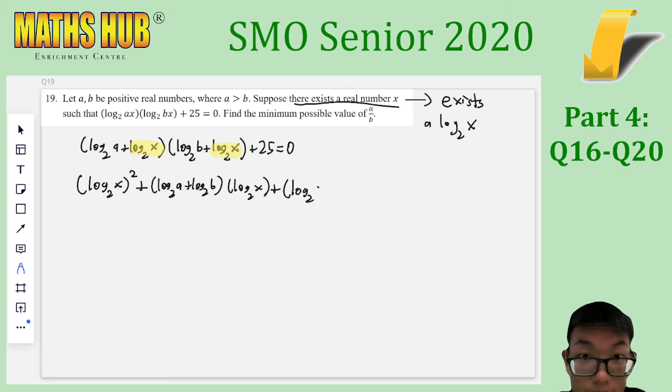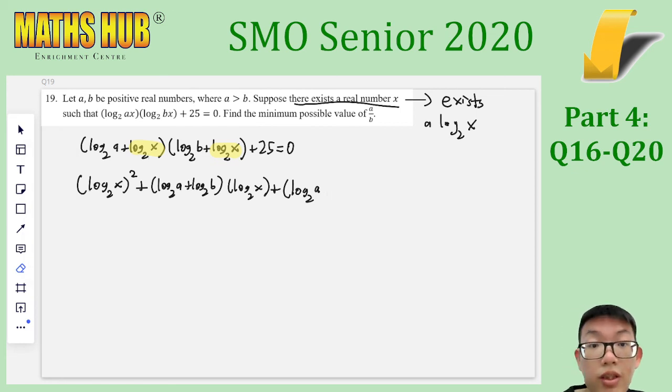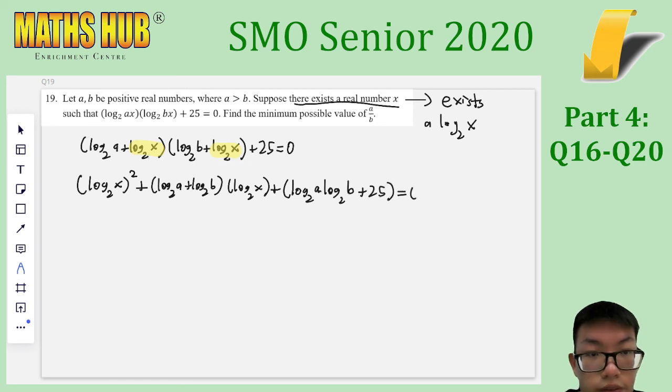Again, as emphasized, the variable is not log base 2 of A or log base 2 of B. The variable is log base 2 of x, since A and B are just unknown constants. So in this quadratic equation, if there exists a solution, it means that the discriminant is greater than or equal to 0 again.